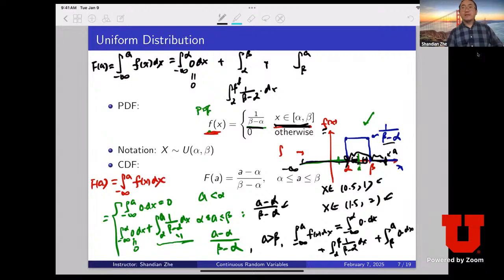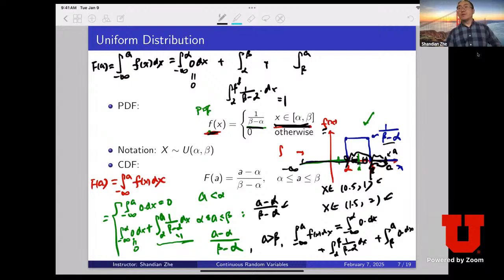What's that? Yeah, that's 1, right? If you just calculate this. Does it make sense? So this is just 1. And for the third integration, that is from beta to A, what's the value of our lowercase f?